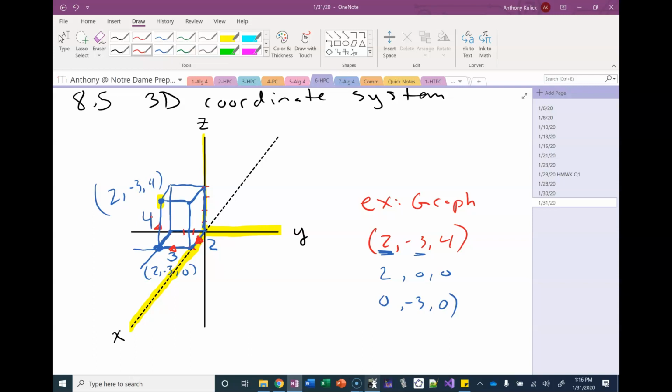Okay. So if this still feels unfamiliar and you're not quite sure what's going on, I'd encourage you to look at the text pages. I have some good computer-generated images of this graphing process there that are better than what I can do by hand with a stylus on the computer.